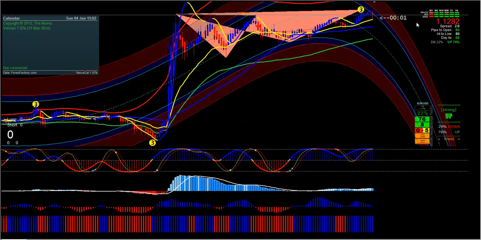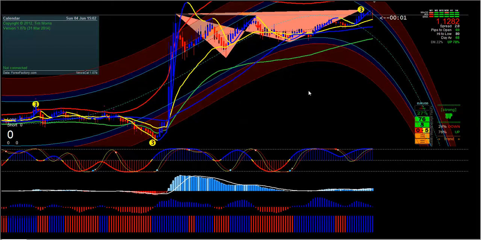Now this indicator up here on the top right is basically alerting you to what the overall percentile of the trends are for the overall time frames from M1 to H4. As you can see here on Friday afternoon when the market closed, the overall trend for all the time frames was at 78% in an upward position.